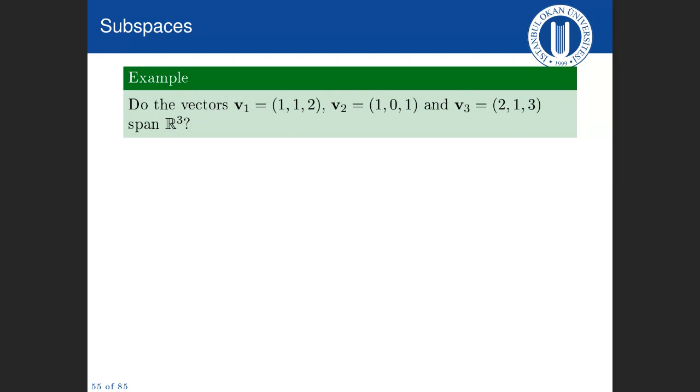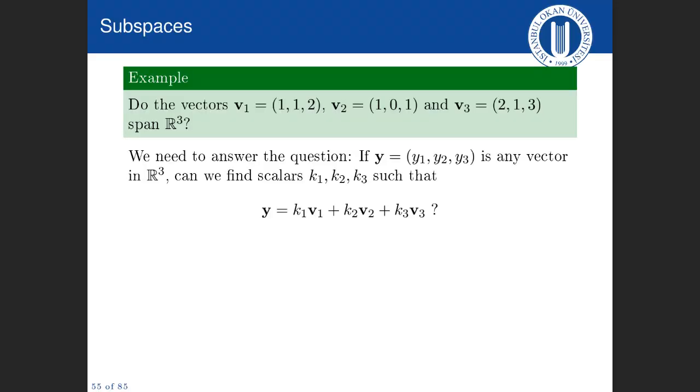Do the vectors v1, v2, and v3 given here span R3? We need to answer the question: if y is any vector in R3, can we find scalars k1, k2, and k3 such that y is k1 v1 plus k2 v2 plus k3 v3?